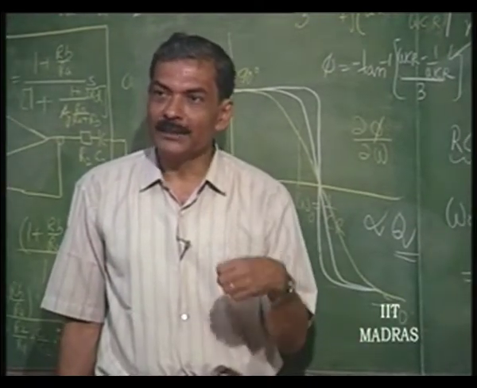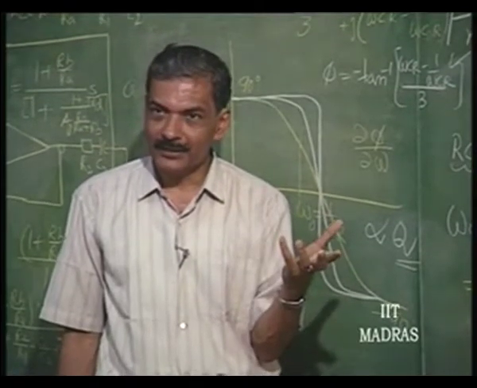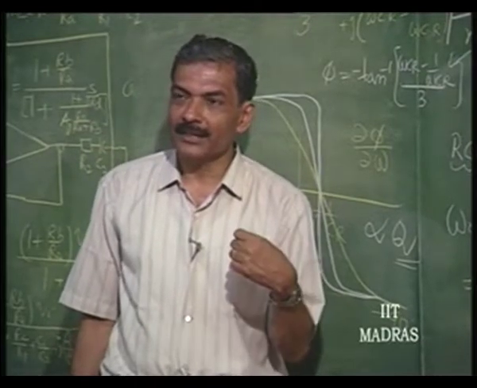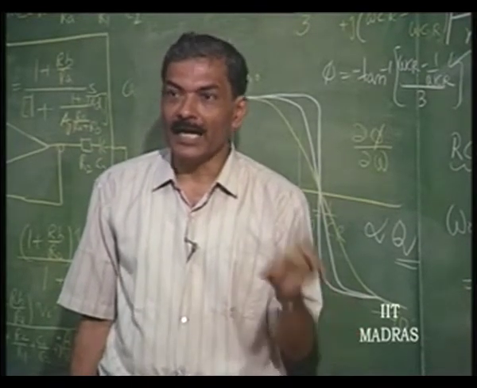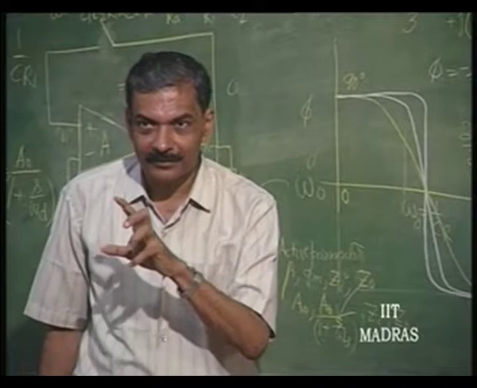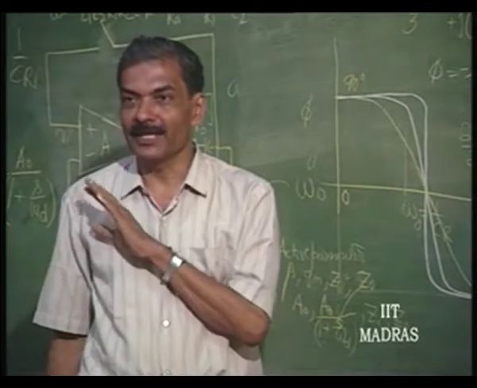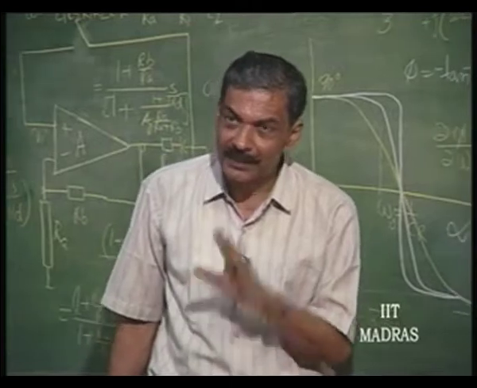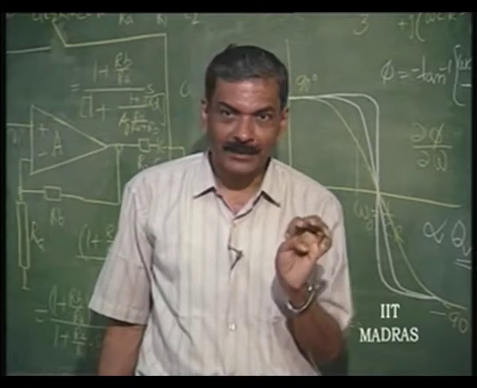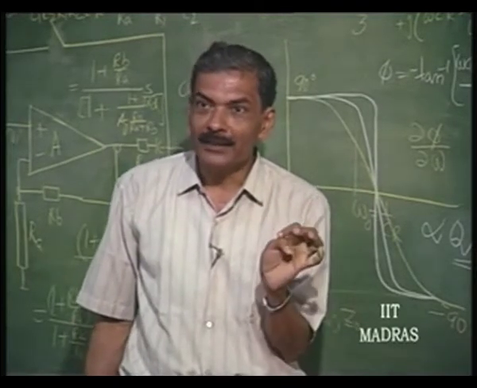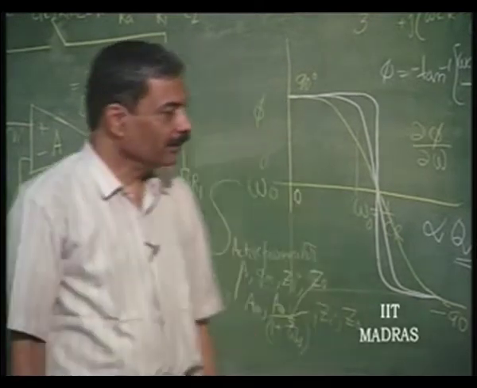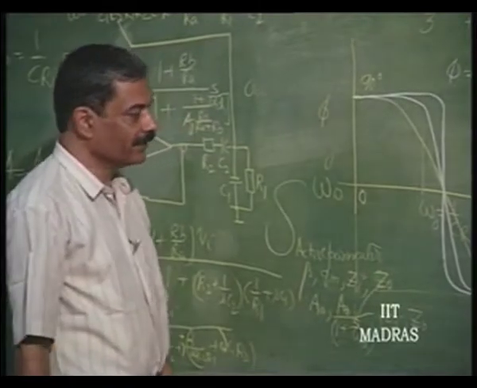At any temperature or any extreme situation, the crystal still makes the oscillator oscillate at the crystal frequency, as long as the loop gain is greater than 1 in magnitude, which has to be provided by the active device. At all temperatures, if this is satisfied, that is enough, but the phase part of it is automatically getting satisfied. Even the magnitude part is going to be somewhat getting satisfied, because the impedance value itself changes in the case of a crystal. So, this is an important aspect of frequency stability.